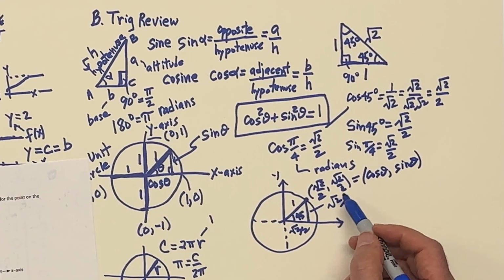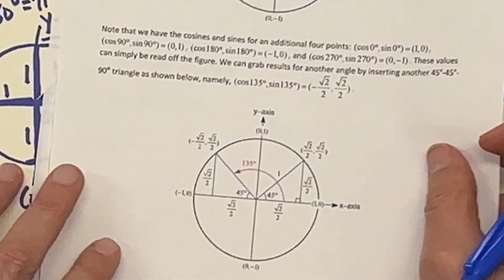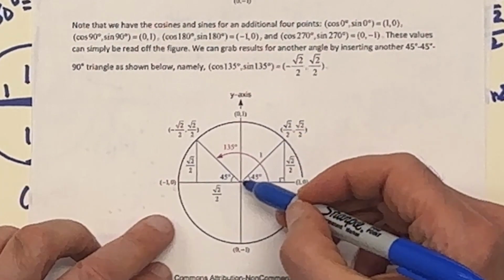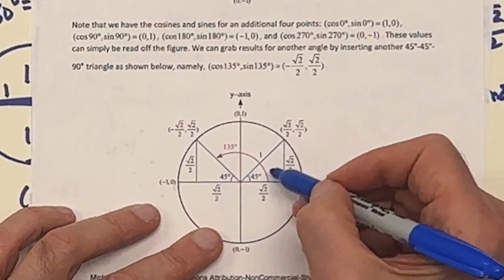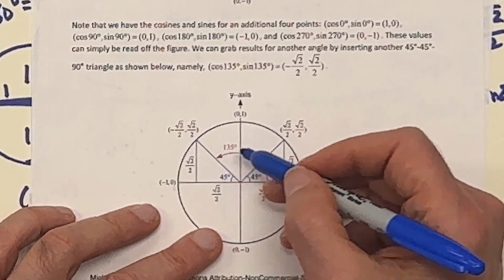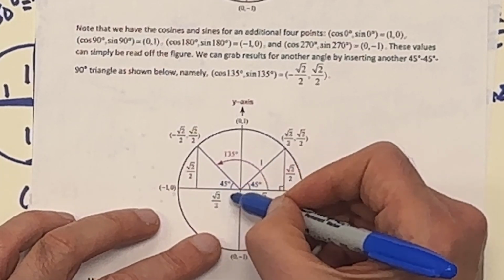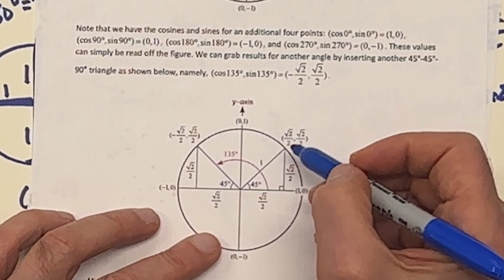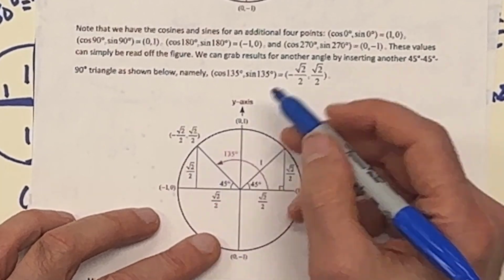And then what I do in the book, which you can refer to here, is I simply put one on the other side. And then I was able to get here 45 plus 45 plus 45, which is 135. I was able to get the cosine of 135, which is negative, say, here: negative square root of 2 over 2, and the sine is still positive.